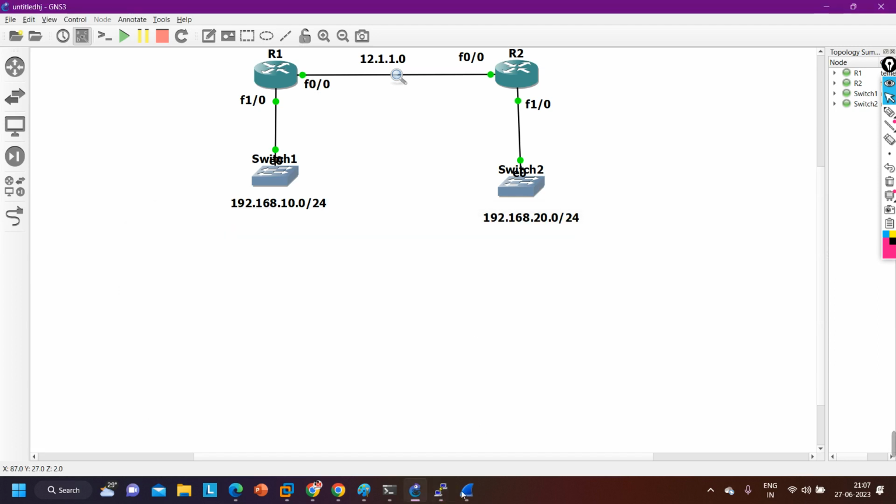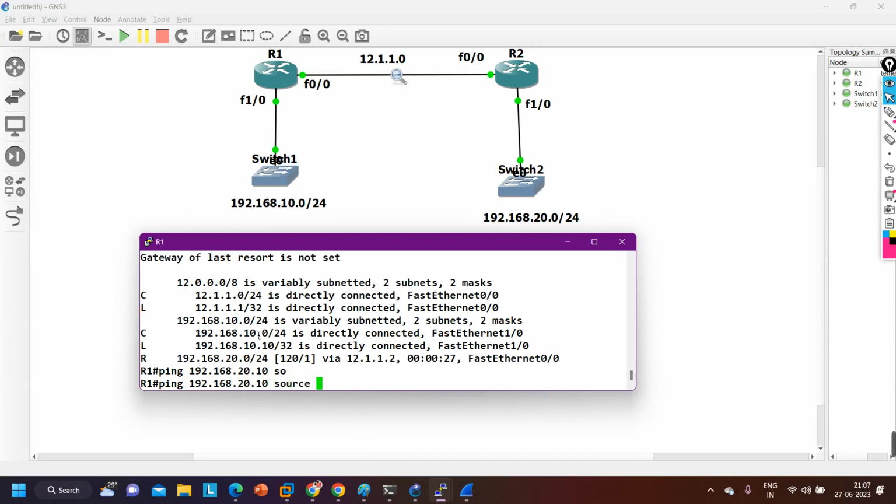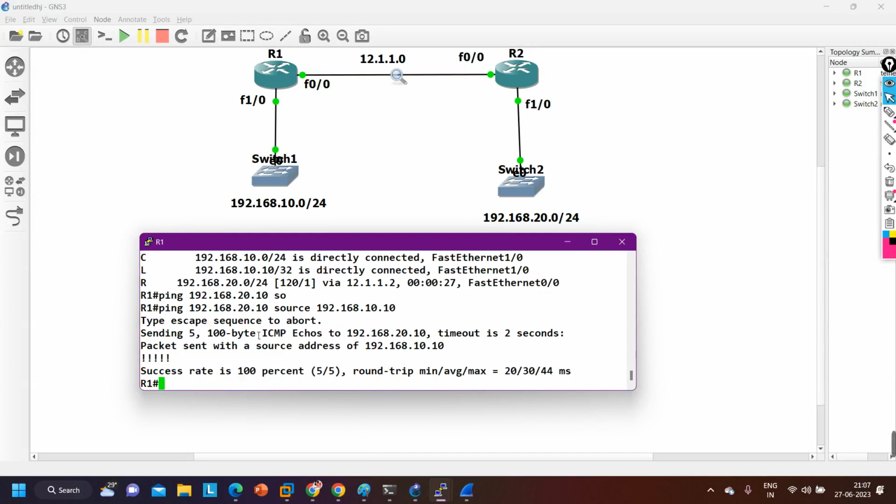Done. Now if you want to verify the connectivity, definitely it will work. Ping 192.168.20.10 and source is 192.168.10.10. See, it's working. Ping will work. Everything is working fine.